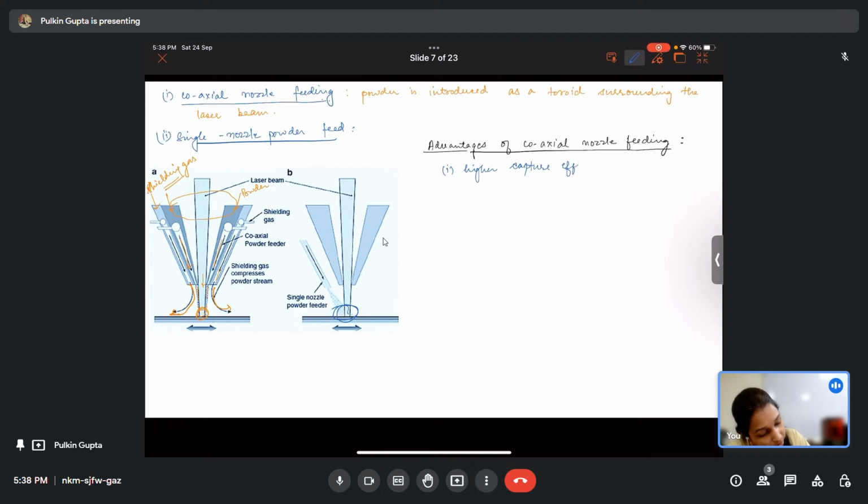And the second advantage is focusing shielding gas can protect the melt pool from oxidation when depositing in the presence of air.